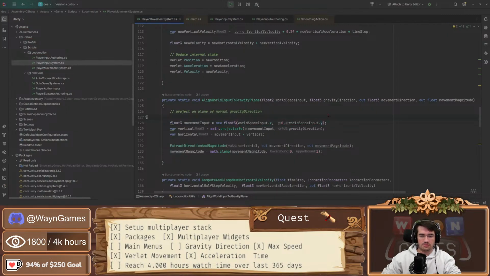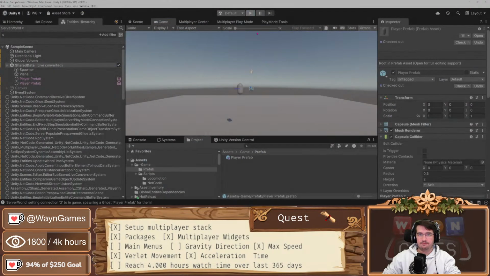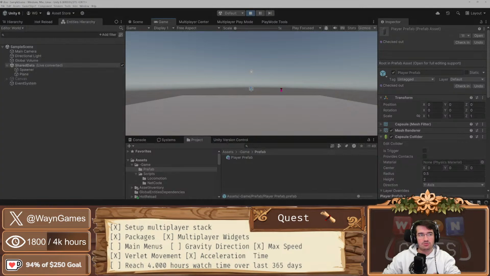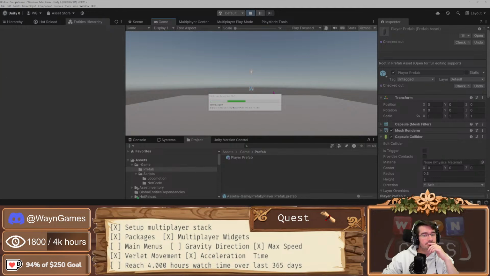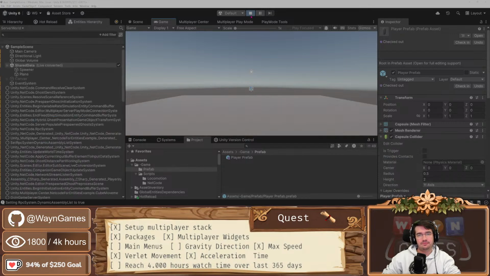Okay, and let's add a to-do: fix projection on gravity plane, because that's not working. Okay, go back.